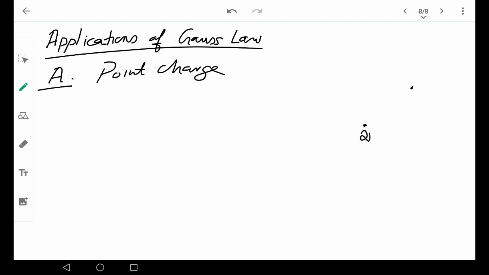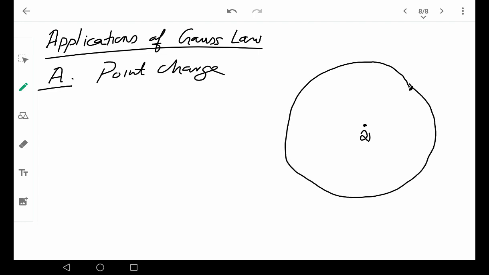I have a point P here, and I want to find out the flux density at this point. What I do is I will simply draw a sphere around that point charge Q. Understand? This is what you do.